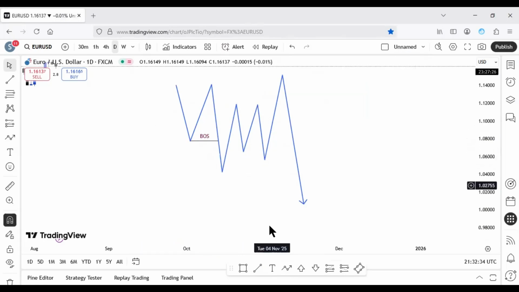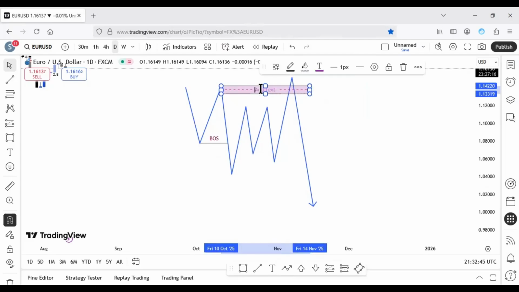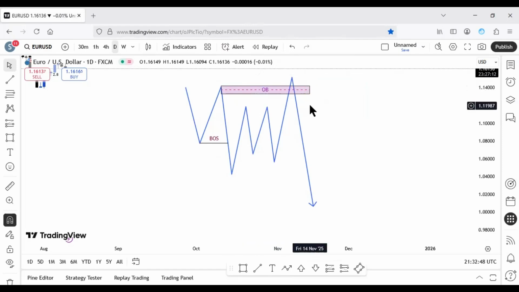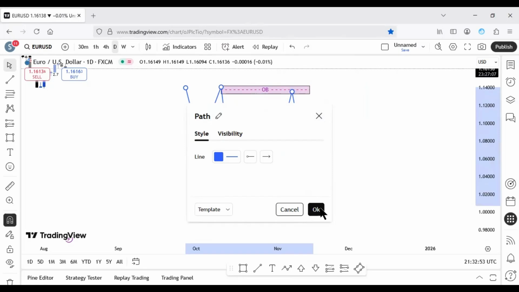And then when price breaks a structure, there's always an origin that causes that break of structure. So that is our order block. That is our order block.